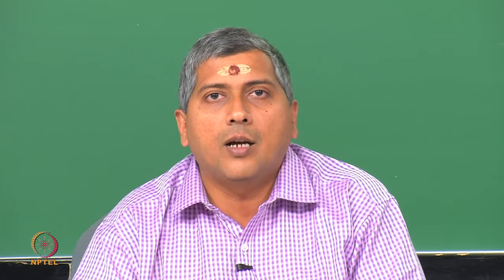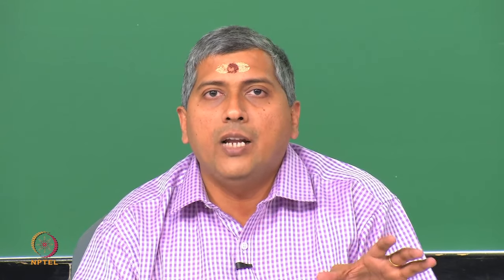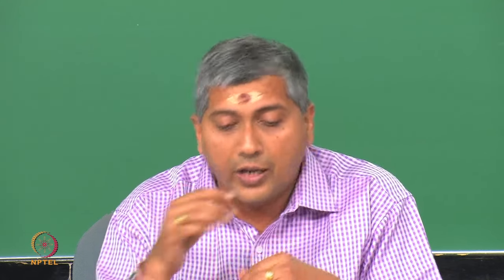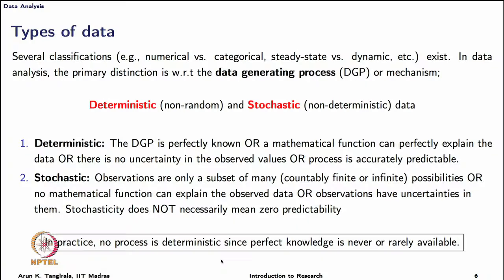Ultimately, the data that comes to me is not directly from the process. Between the physical process and the data, I have a sensor. And the characteristics of that sensor actually go into the data as well. If the sensor is very noisy, you are going to end up with noisy data. If the sensor has a bias, your data will show a bias. Now, the data generating process consists of both the reactor and the sensor.